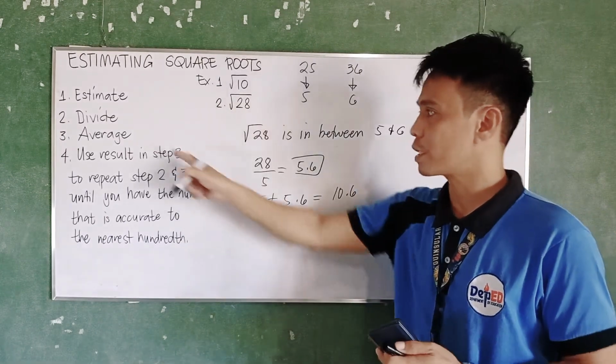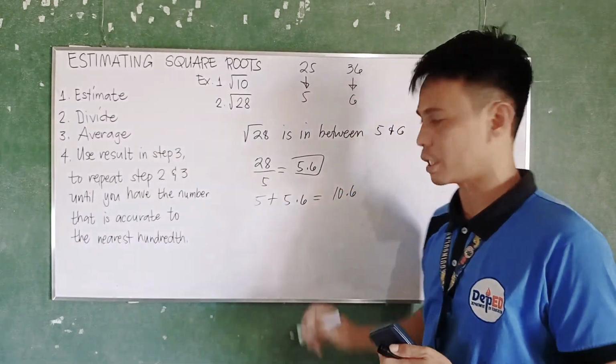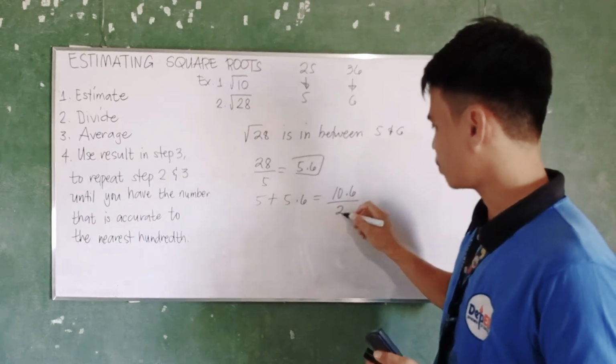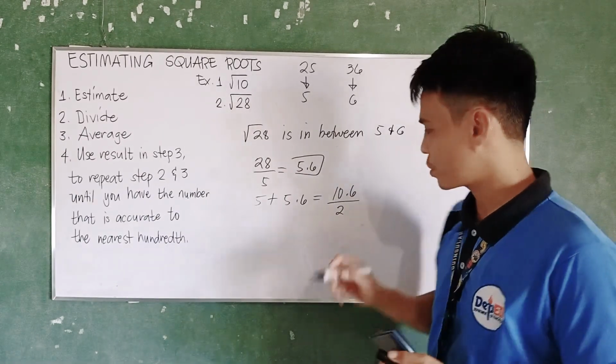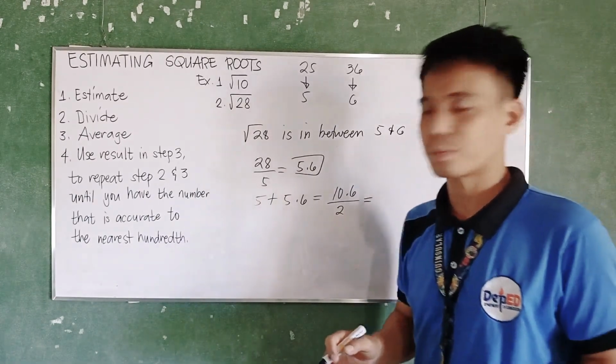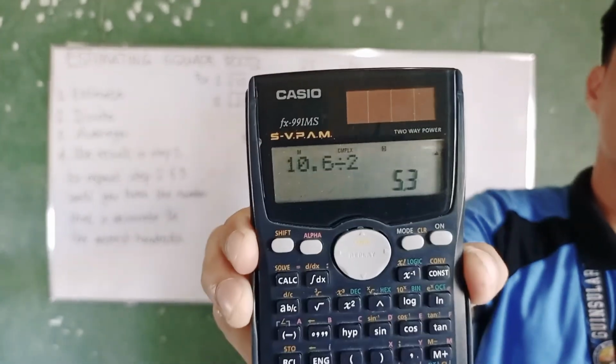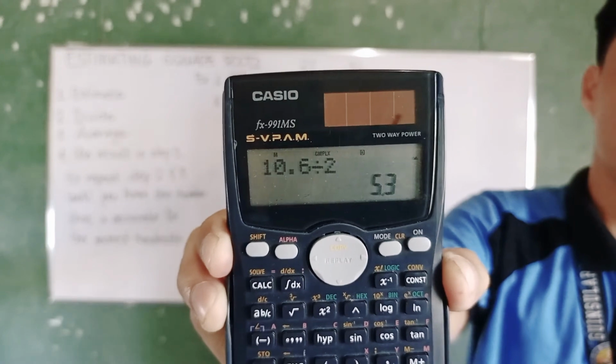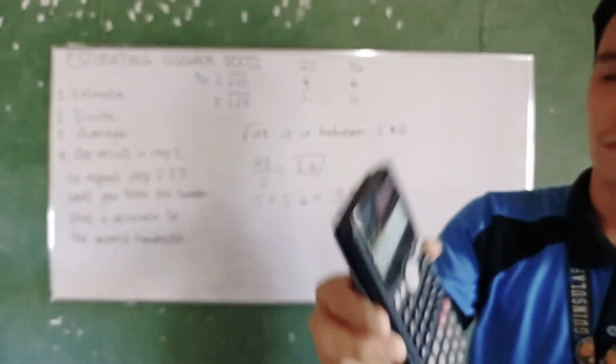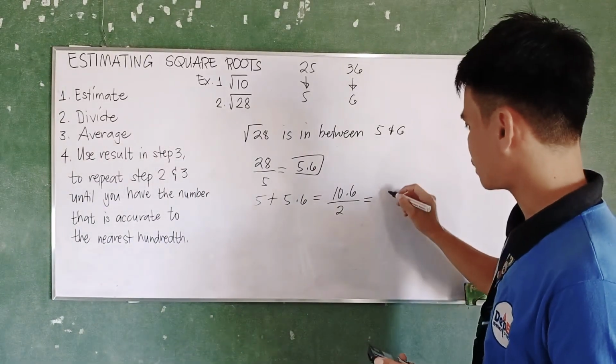So since we are getting the average, this will be divided by 2. Okay? So therefore, using your calculator, 10.6 divided by 2 is 5.3. Okay? So therefore, this is 5.3.